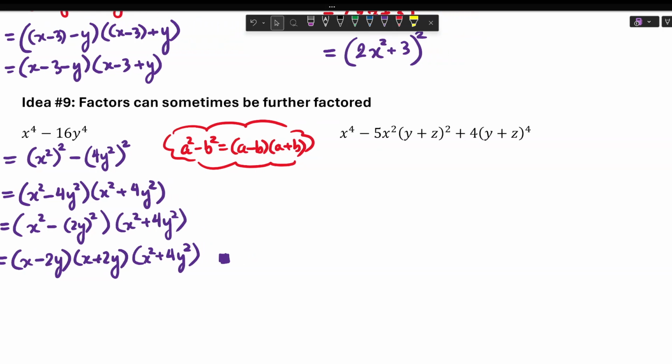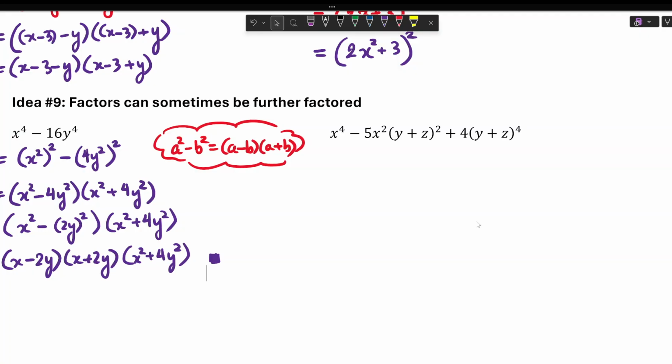Okay, let's do another example that looks a little bit more complicated. So in this case, you'll notice you have x to the power 4, x to the power of 2, and this one is like y plus z to the power of 2 and y plus z to the power of 4. In this case, it may be tempting to expand it all out, but you're just going to make a big mess that you can't factor.